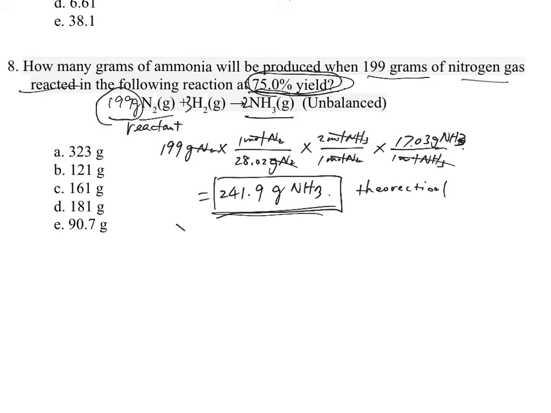So whatever your actual yield is over the theoretical yield times 100% should equal 75.0%. Okay, rearrange the equation.